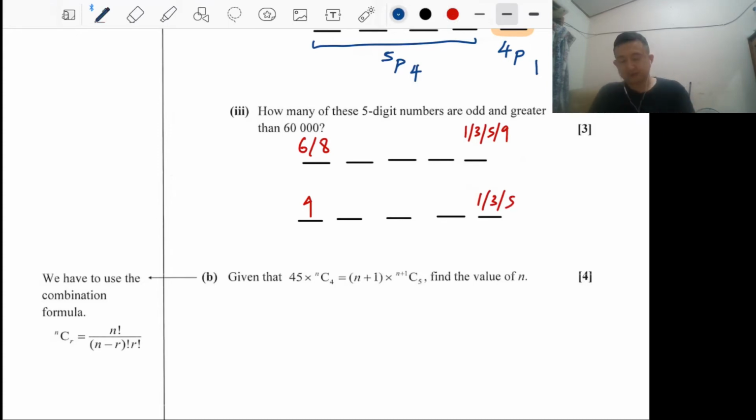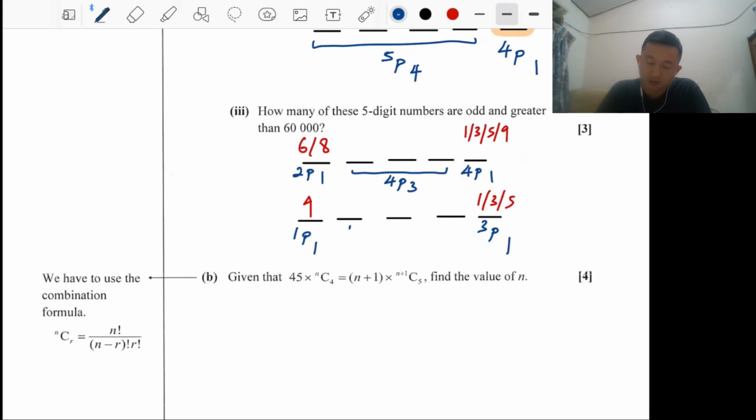Two different cases. So if you go for 6, 8, that is 2P1, and then 4P1, right? And then the ones in between, because we have 6 in total and 2 slots have been filled, so it's 4 left, 4P3. Here is 1P1, 3P1, and same thing, 4P3.